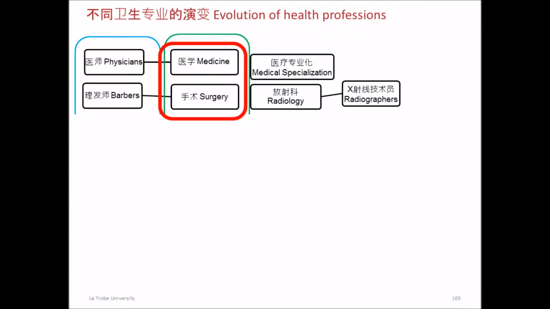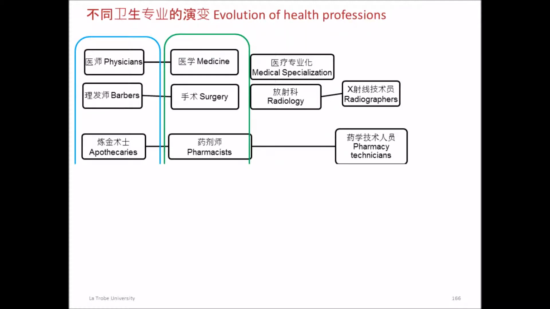Since the early 20th century, we've seen a rise in specialisation because of the knowledge that's required, and from the early part of the 20th century, the development of radiology and diagnostics, and also pathology testing in its own right. Pharmacists, on the other hand, have been registered formally and regulated, particularly in Australia, since the mid-19th century.